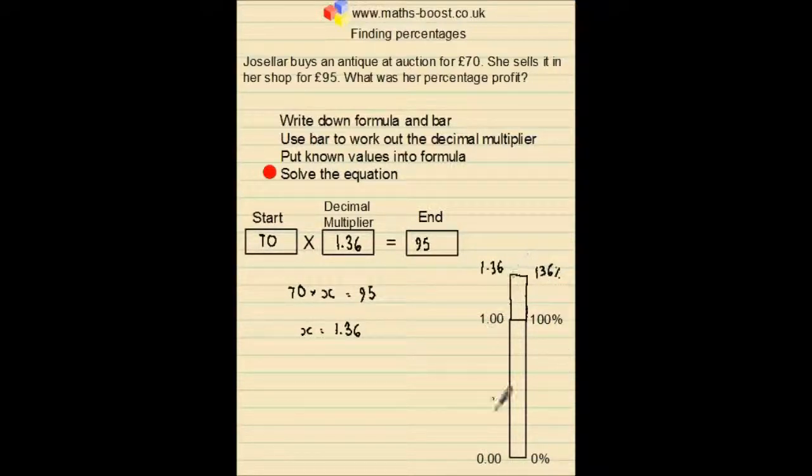And again, if you've understood this bar, you should see that I've moved from 100% to 136%. So I've gone up by 36%. So 36% was the profit. Bear in mind, we're always starting from 100% when we read or use this bar.